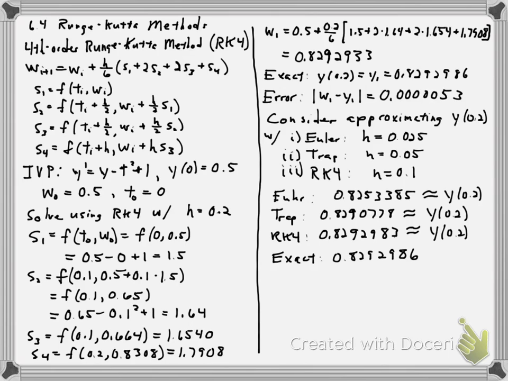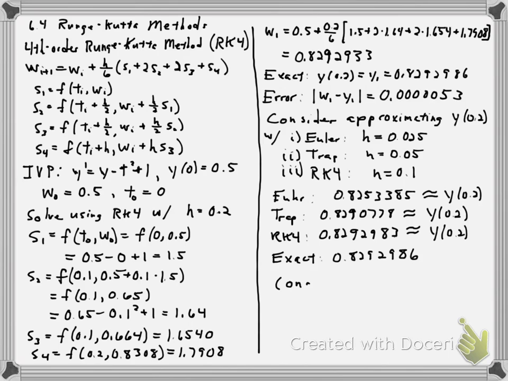So of these three methods, which is more efficient? Okay, we are comparing apples to apples here. We've done the same number of function evaluations in each of these three methods, and just from these figures here, clearly Runge-Kutta fourth order is the preferred method.